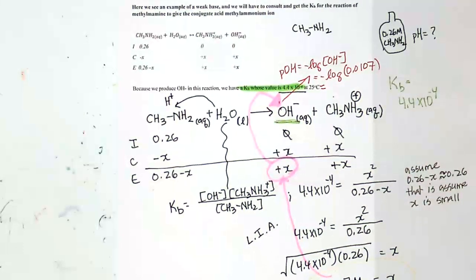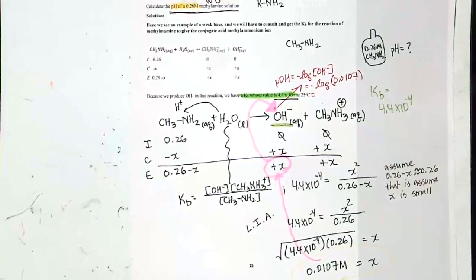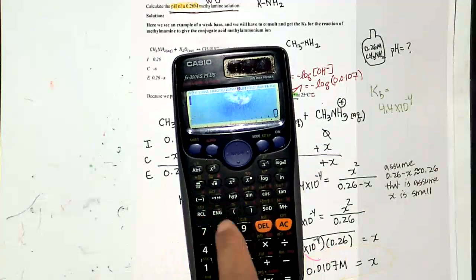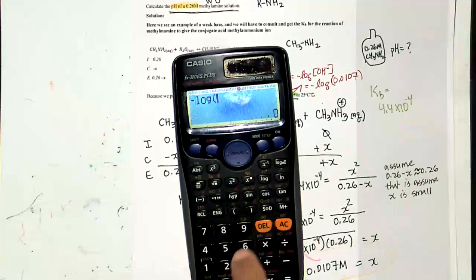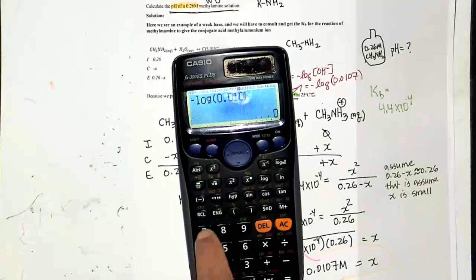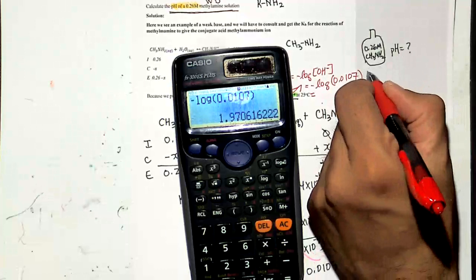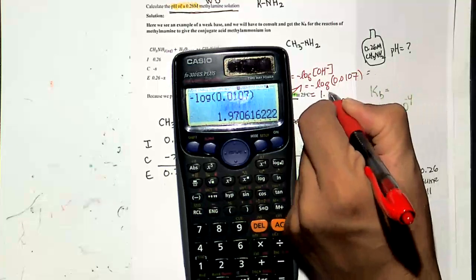And what is that on our calculator? Minus the log gives 1.97. This is not our answer.